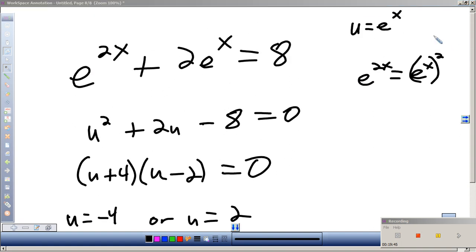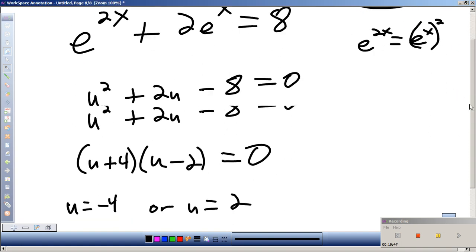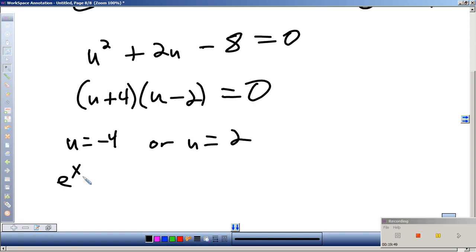Now, can e to the x equal negative 4? Yes, no. Who said yes? He said no. Okay, why not? Not without the base being negative.